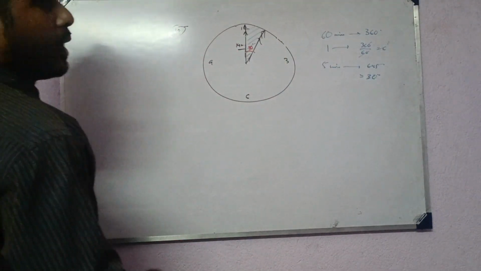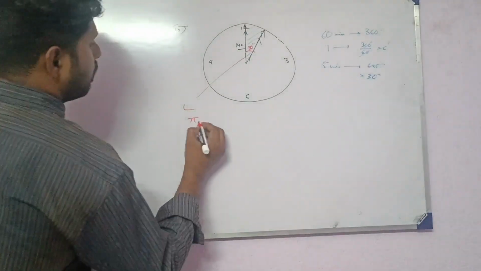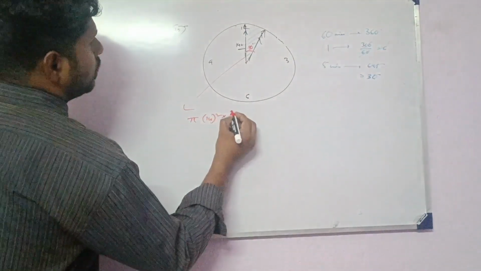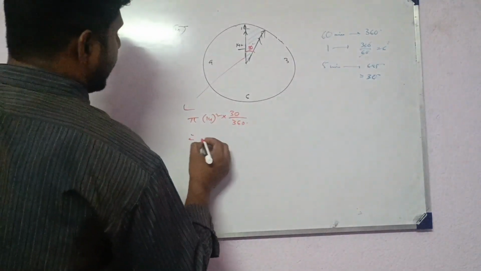Therefore the area swept will be given by the area of sector, pi r square into theta by 360. This is the value of the area swept.